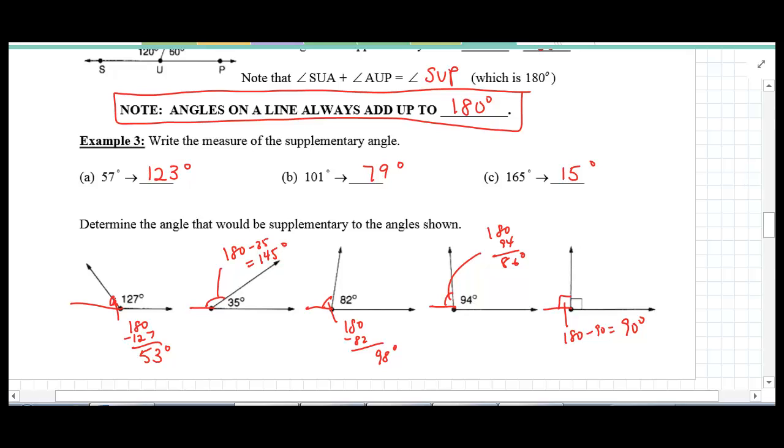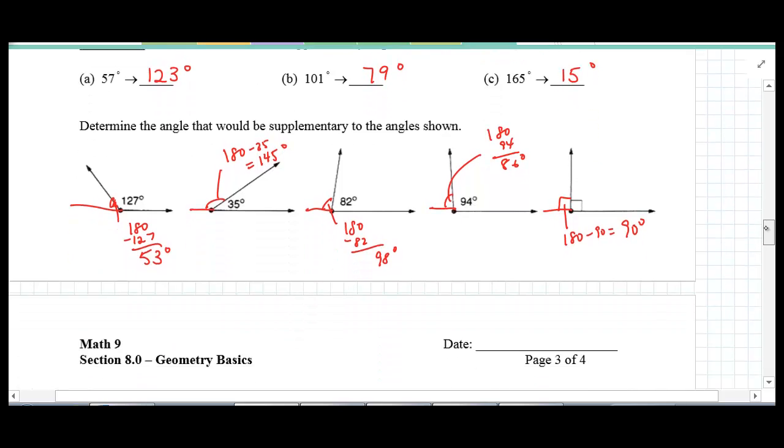Do we agree? If so, let's go on to the next page, of course.